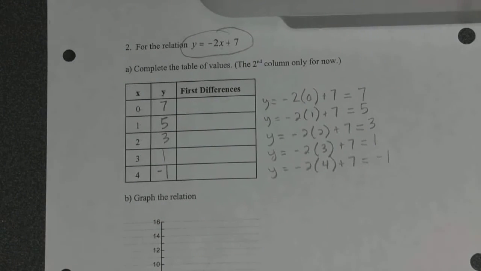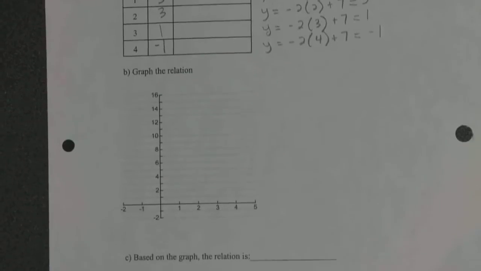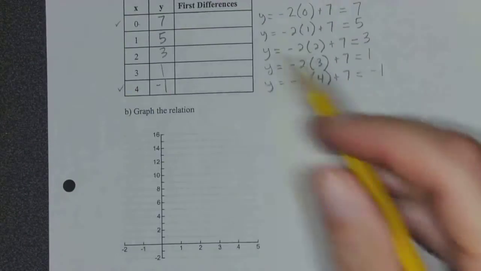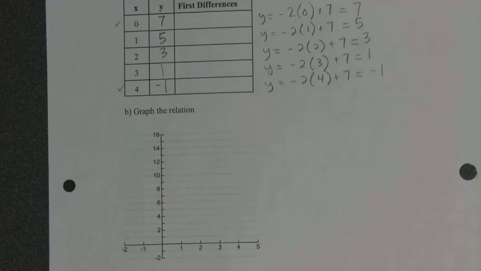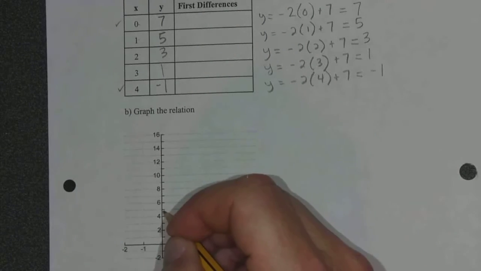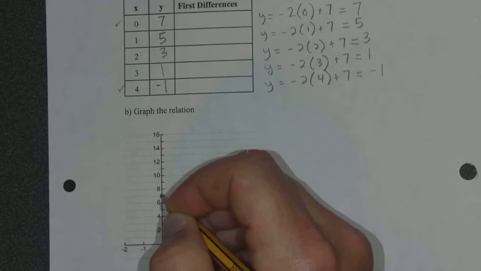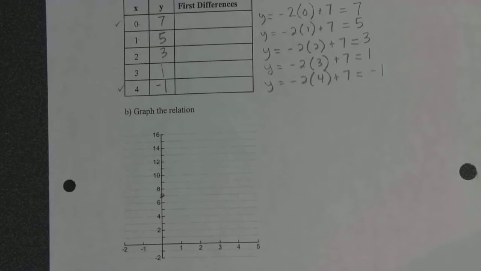Okay? So now we're going to graph it like we did the previous one. So I'm going to graph my first point and my last point. Okay, first point, 0 and 7, 0 up 7. Last point, right 4, down 1.